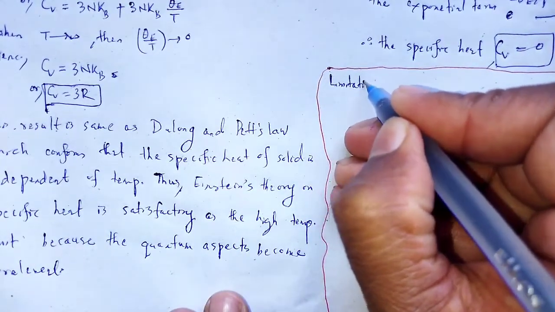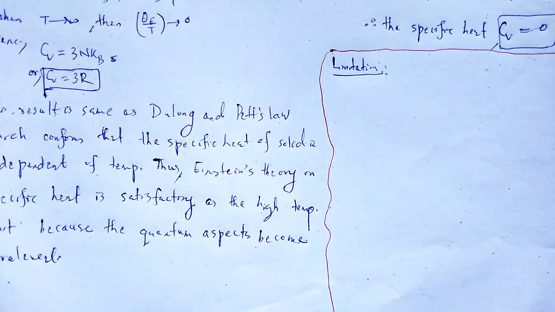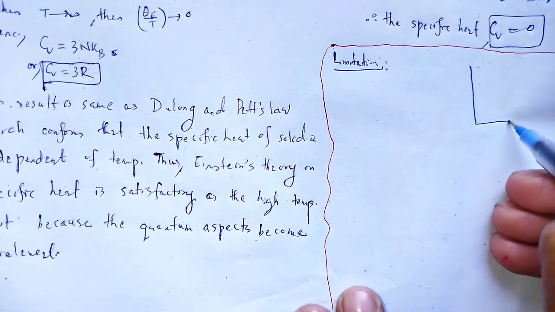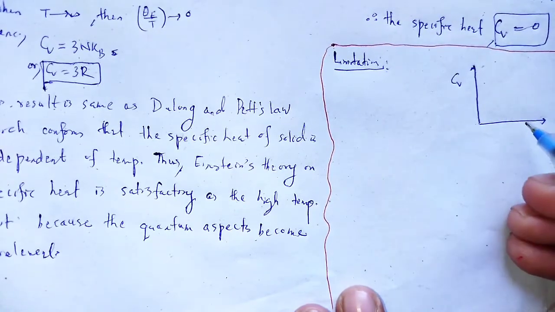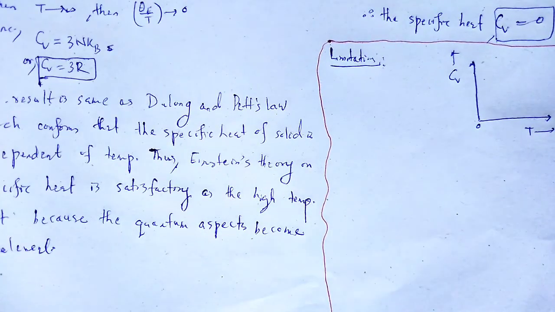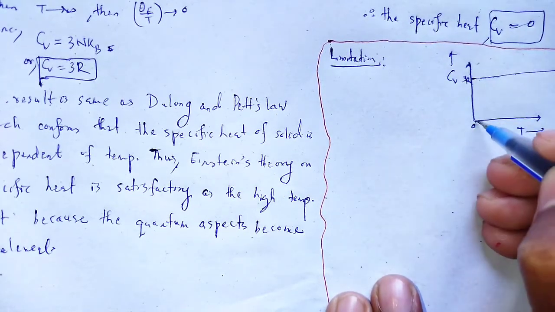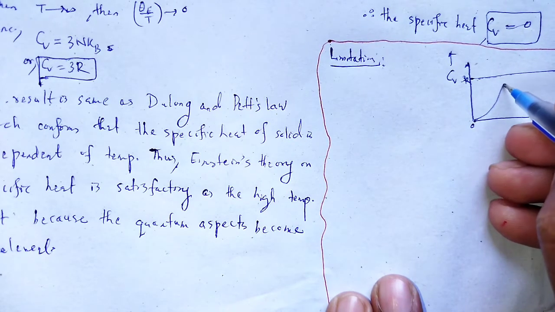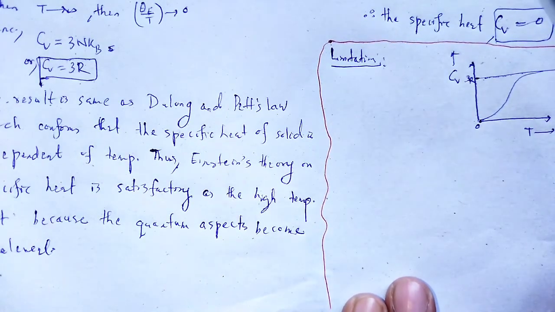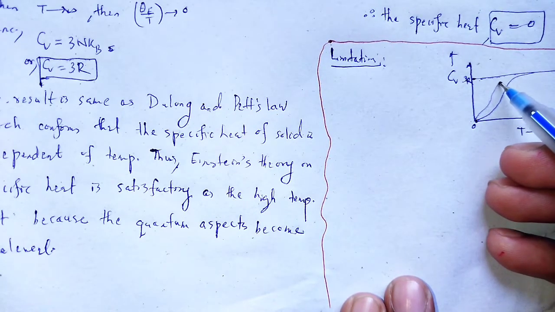So the limitations, as we say, when taking the graph between Cv and temperature for diamond, here is the 3R, for diamond it will be just like this, but by taking Einstein's theory it will be seen that way.